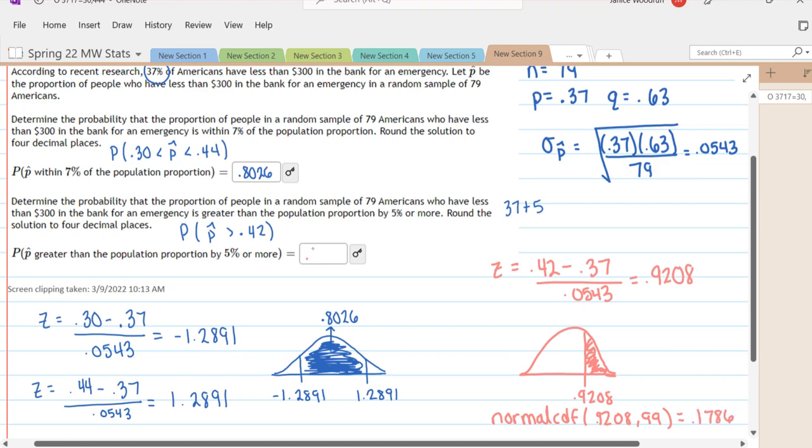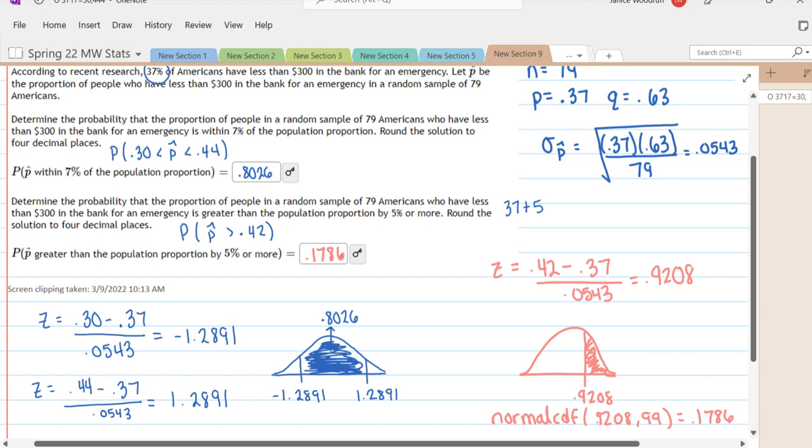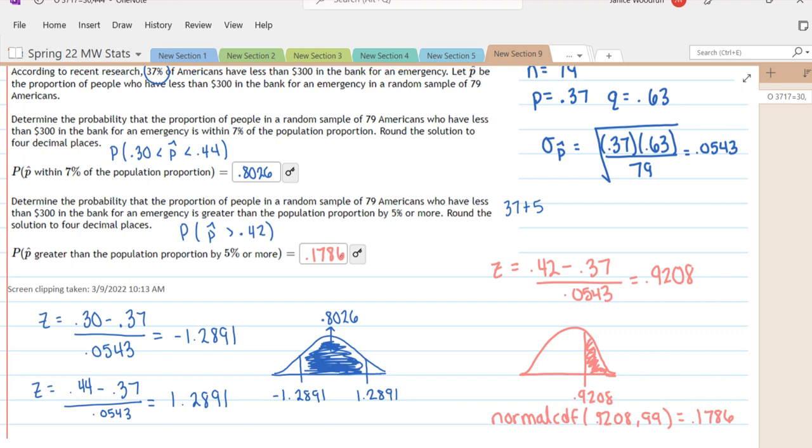So we'd put in here 0.1786. That's the probability that 42% or more of the people in that sample of 79 Americans have less than $300 in the bank for an emergency.